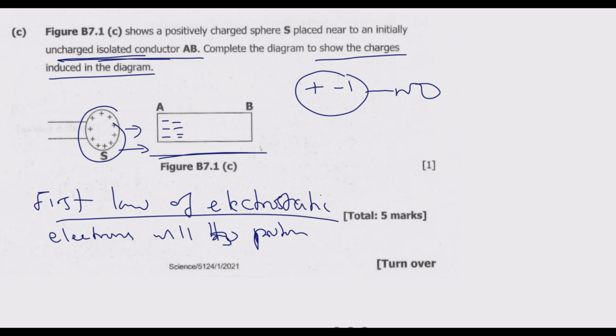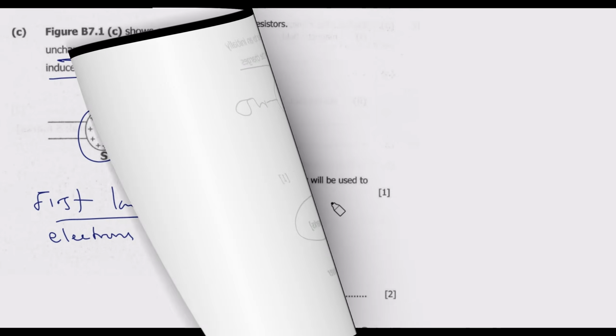Then the positive charges in this neutral conductor will be repelled, so they will move in this direction. Remember, the first law of electrostatics states that like charges repel each other, while unlike charges attract each other. So this is basically what you do to get the 5 marks.